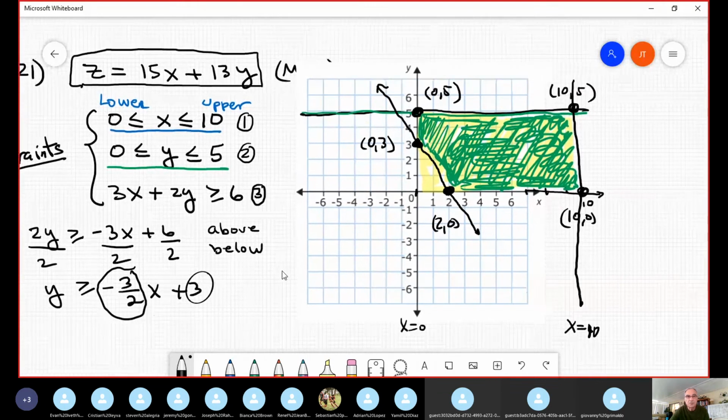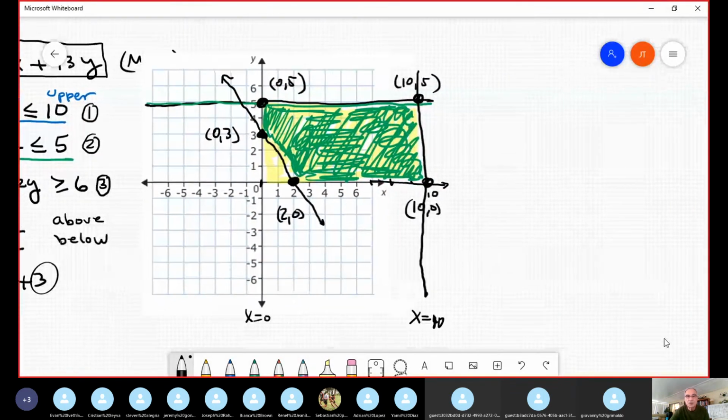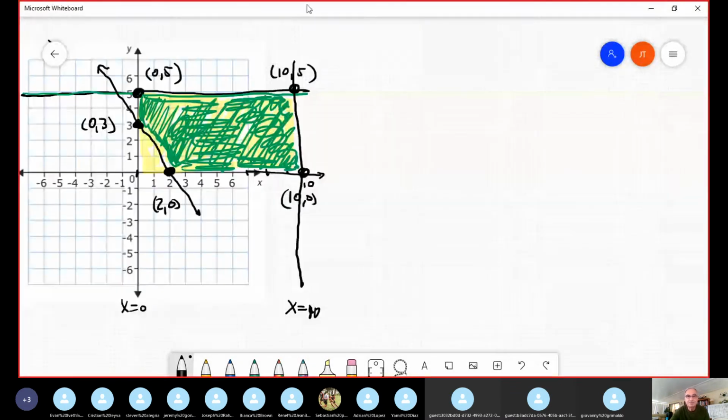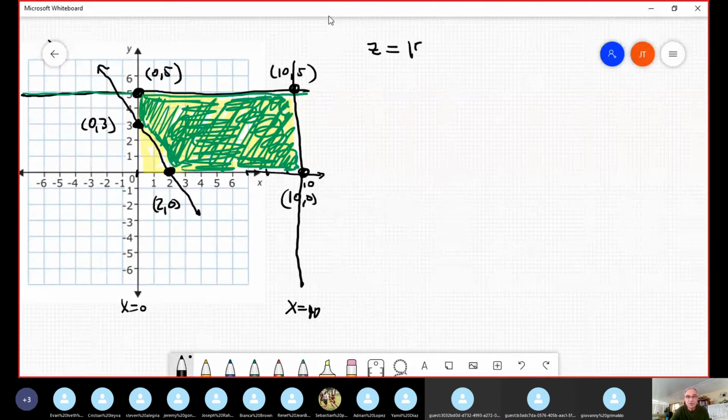Let's do it quickly. You evaluate z, copying again: 15x plus 13y.